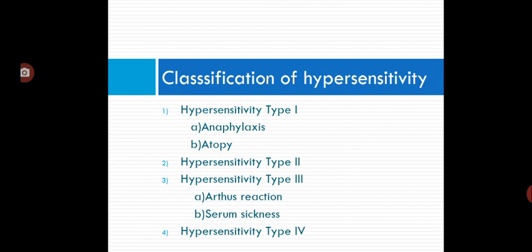Arthus reaction: in this, Arthus observed that with repeated subcutaneous injection of normal horse serum into rabbit, the initial injections were without any local effect, but with later injections, intense local edema and hemorrhagic necrosis developed.